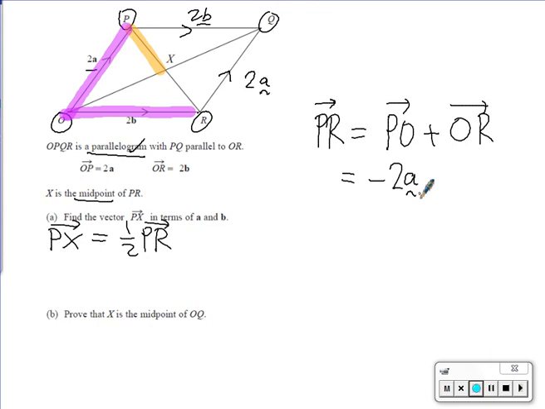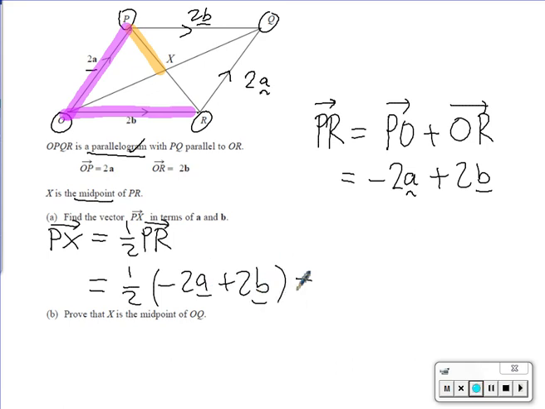The O to R bit goes with the arrow, so that's going to be a plus 2b. All we then do is, down here, we put a half of PR, which we've just worked out, and use our algebra skills to expand that bracket and get minus a plus b.